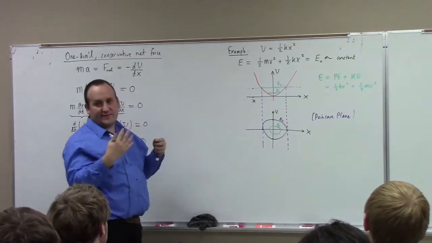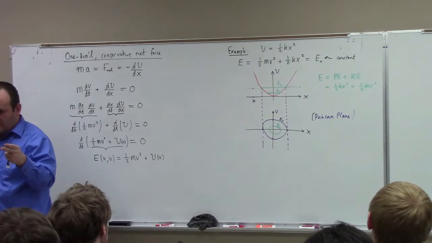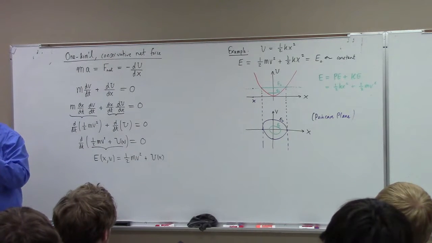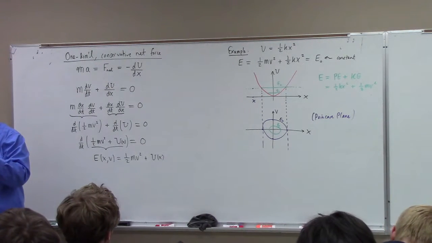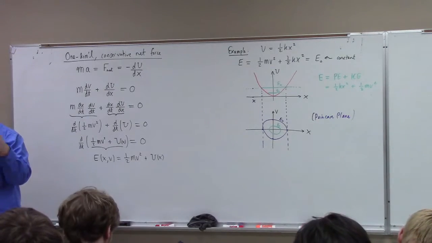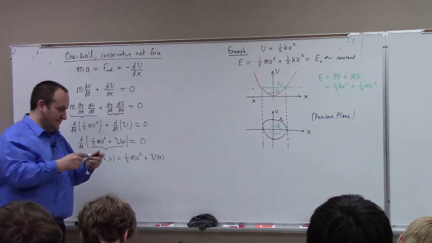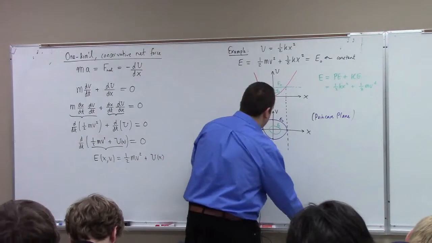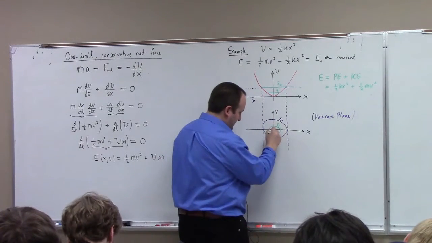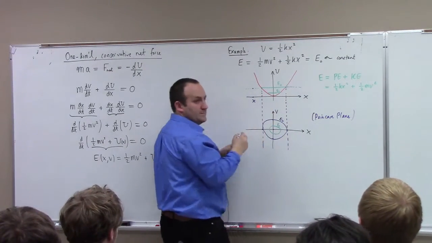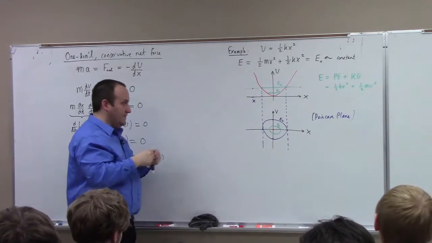If you start at rest, if you just have a spring sitting there, no friction, and you just start at rest, no velocity, what does it do? Nothing. It's very boring. It just sits there. And what happens if you go to higher energy levels?